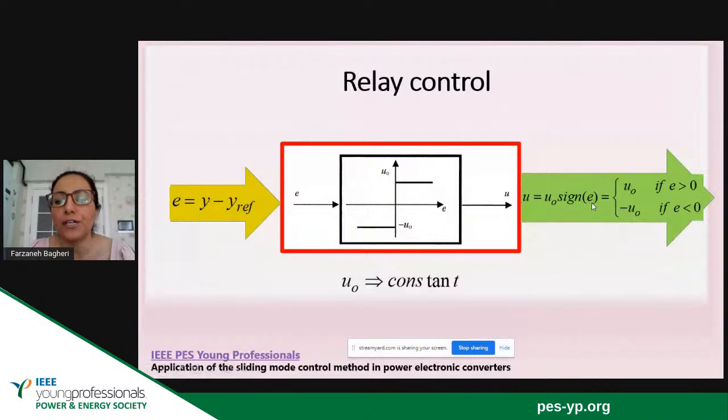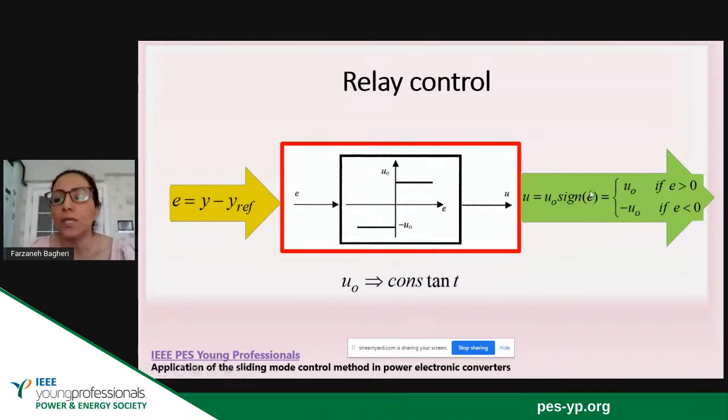If I consider that the sign is a function of the error, then when the error is positive, u is u naught, and when error is negative, u is minus u naught. So when I have such a sign function, sometimes it is positive, sometimes it is negative, it takes the error as the input and gives the control input as the output of the relay control.